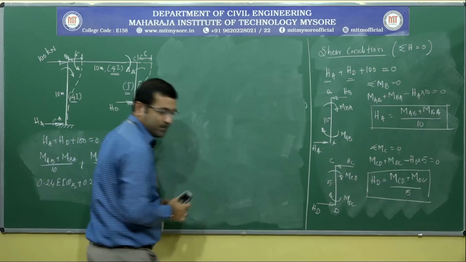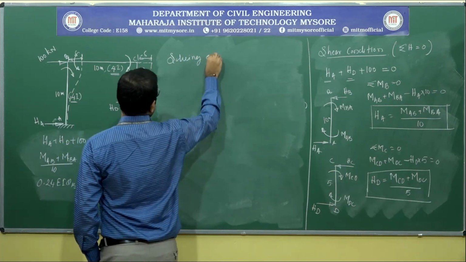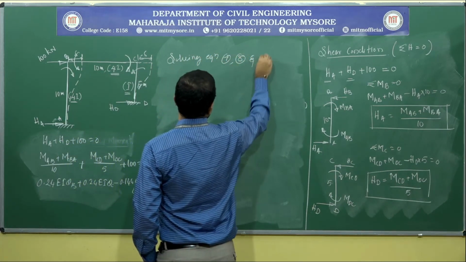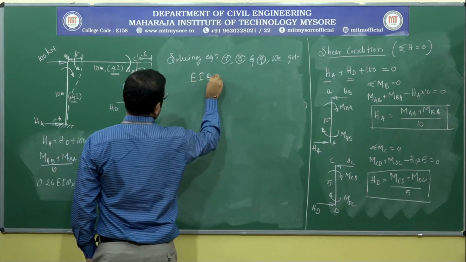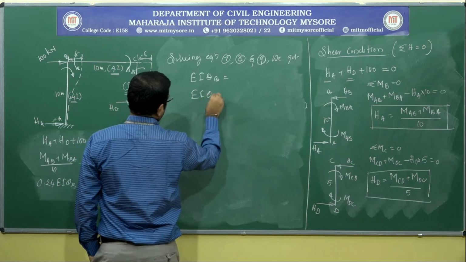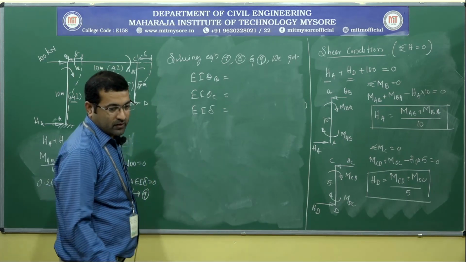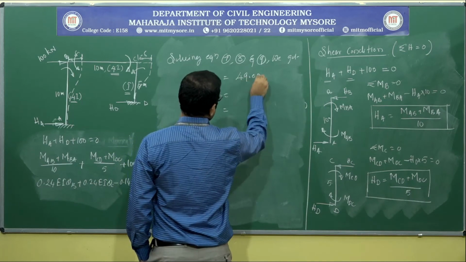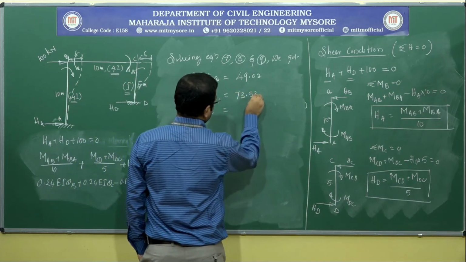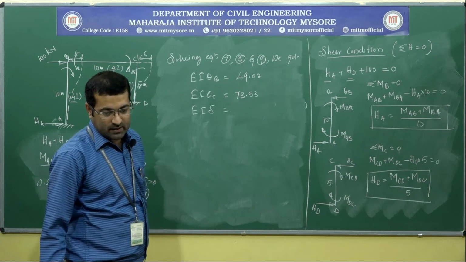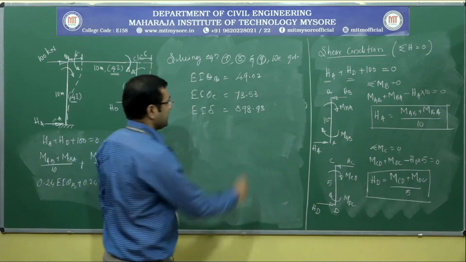Okay. Solving equations 7, 8 and 9, we get EI theta B as 49.02, EI theta C as 73.53 and EI delta as 69.